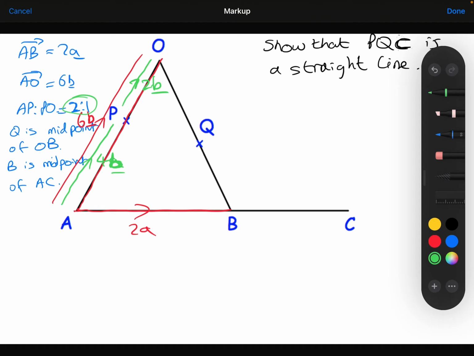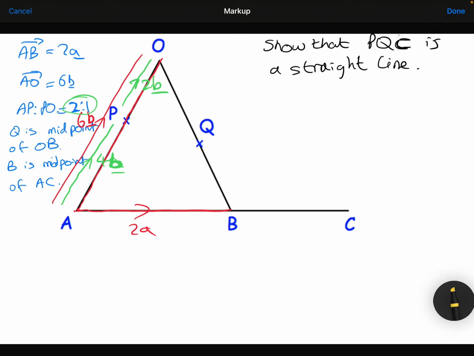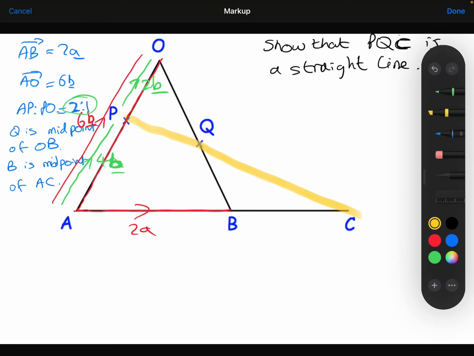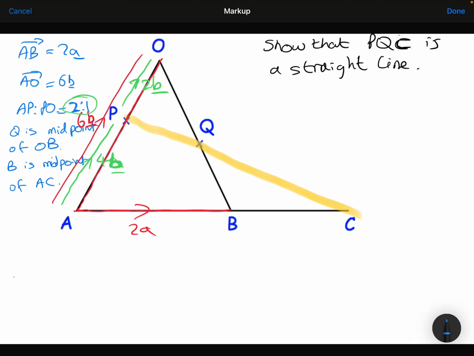I've been told that Q is the midpoint of OB, and I've been told that B is the midpoint of AC. And I want to show that PQC is a straight line. Now to do that, I'm going to consider, first of all, the vector PQ.